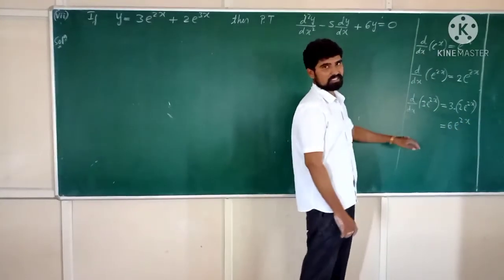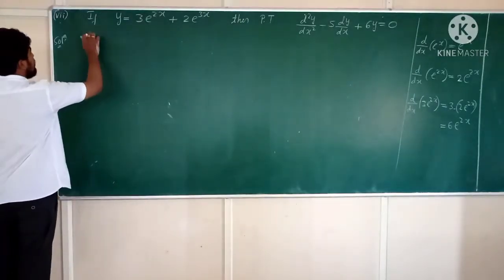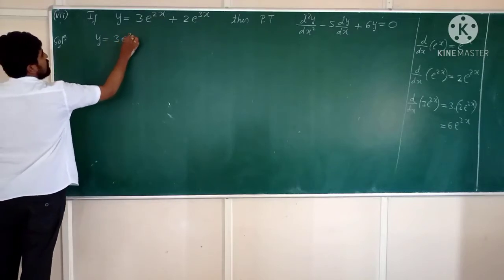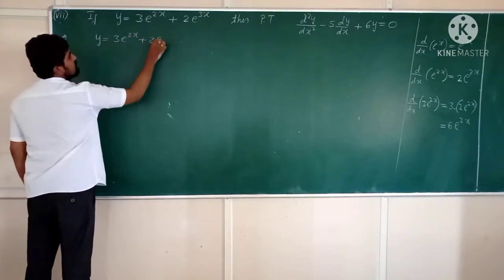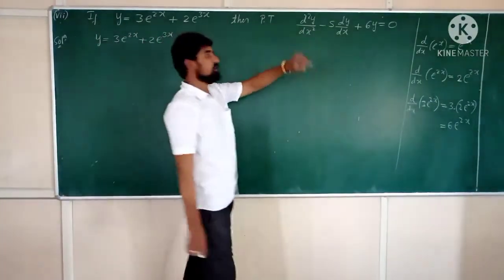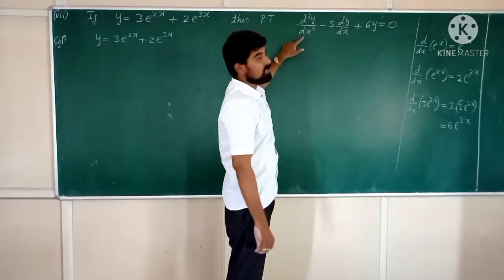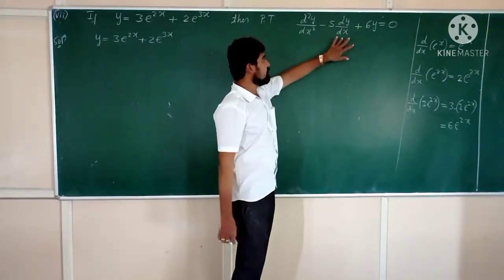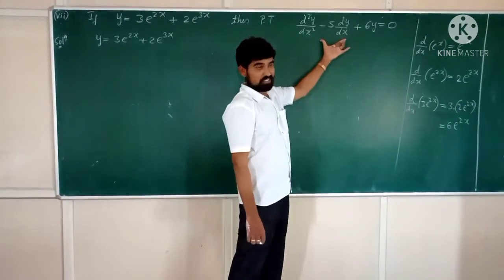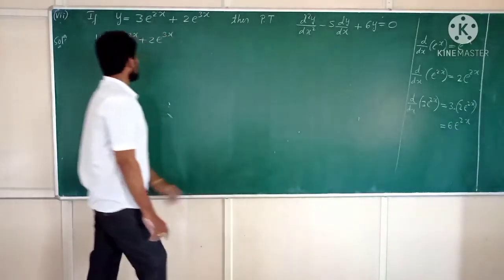I hope all of you understand. Let's start the solution. Let y be 3 into e^(2x) plus 2 into e^(3x). To prove this, first we need to find the value of dy/dx and d²y/dx². Then substitute these values in the LHS of the given equation, and we need to prove that it is equal to 0.